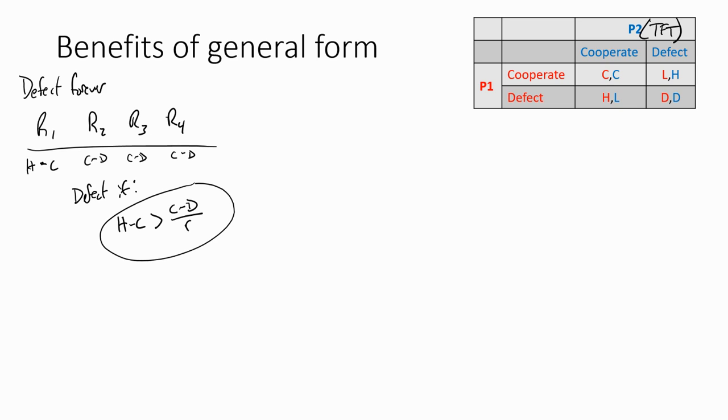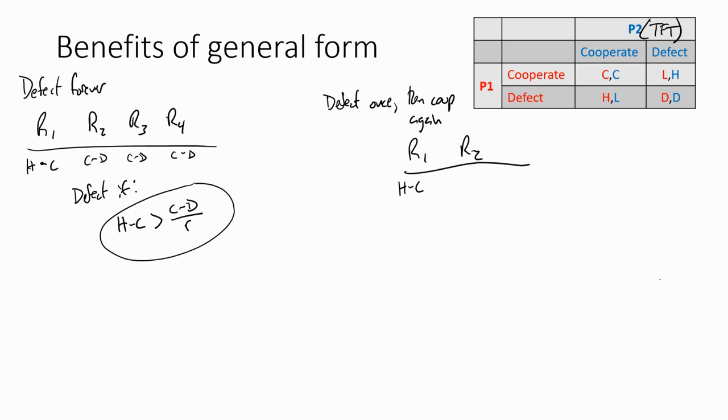I'm going to leave that alone for a second and talk about the other way somebody could defect. And that is if they defect once, then cooperate again, and go back and forth. In that case, we don't need to look at all the payoffs continually. We just need to look at the one round where they defect and the one round where they take a big loss when they're cooperating again.